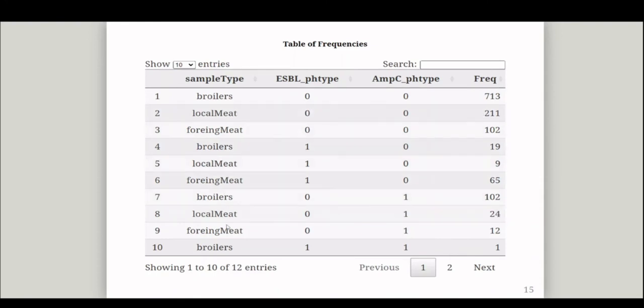Let's take an example where we had broilers with both types of antimicrobial resistant genes, and there was only one case. And we got 12 cases when the AMPC phenotype was present for foreign meat and negative for the ESBL phenotype. So this is the kind of frequencies you can start to make when you get categorical and dichotomous data.